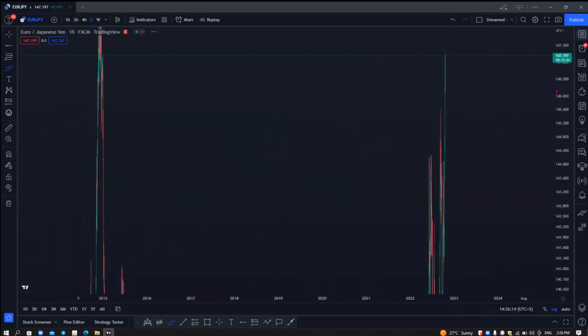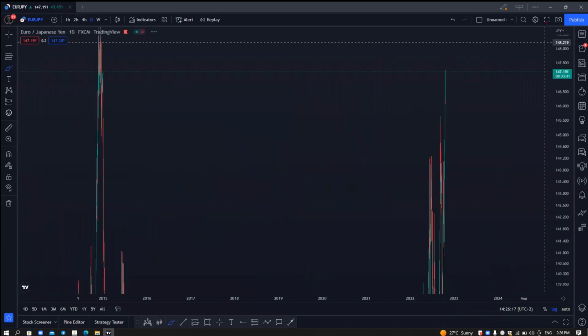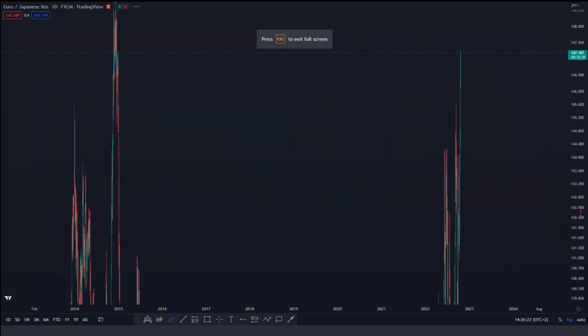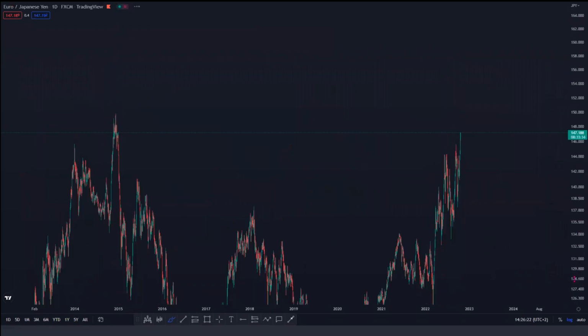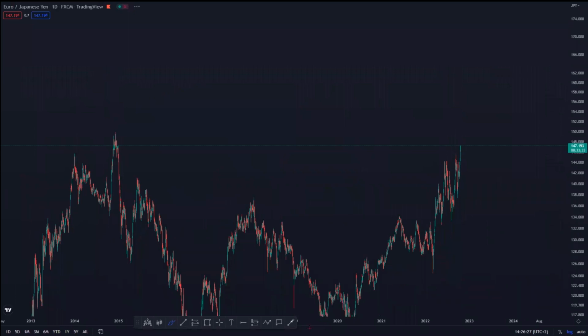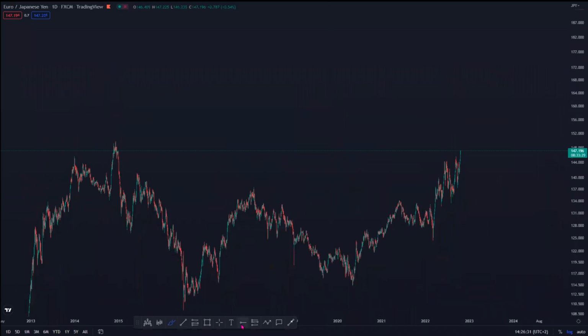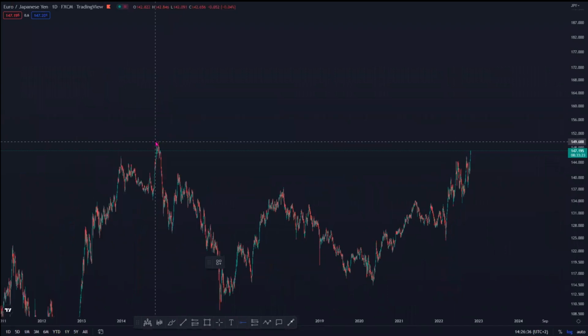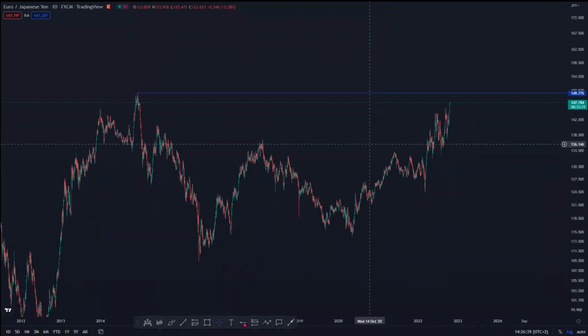So let's go to EURJPY. On EURJPY, this is the daily time frame. This is our higher high, and this is our lower low.